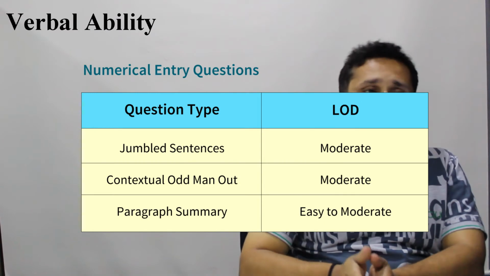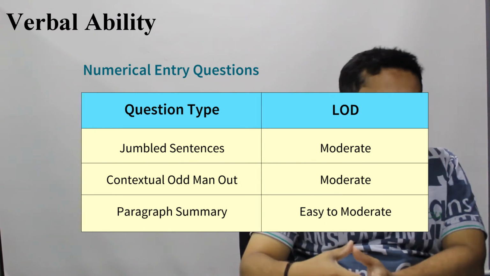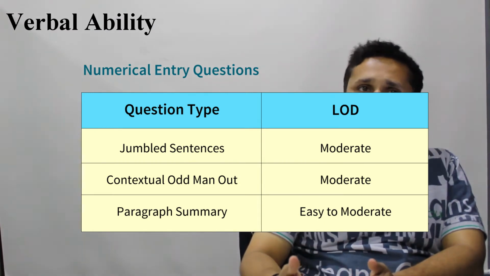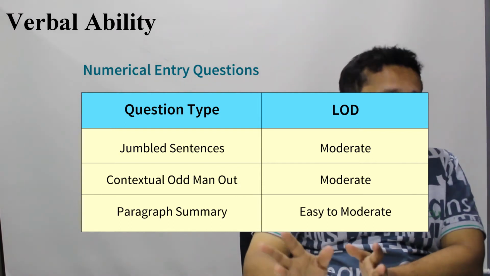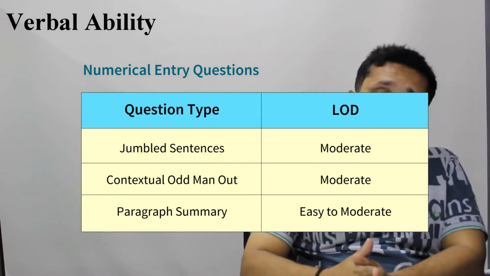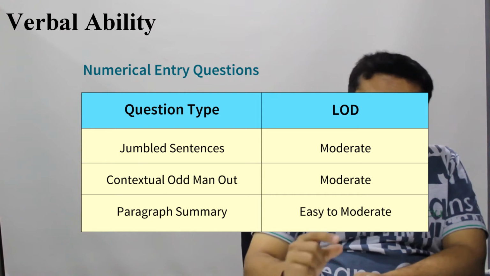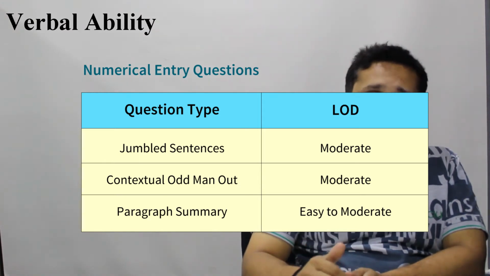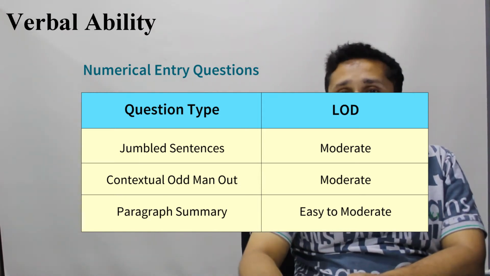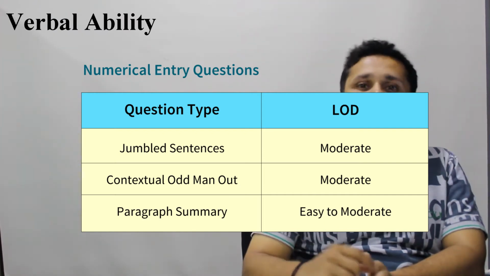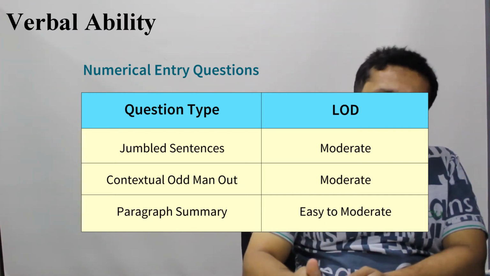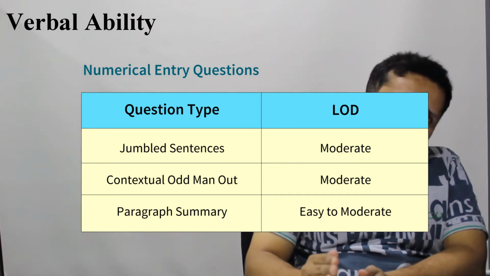What about the non-MCQ questions? We had the jumbled sentences, contextual odd man out, para summary as usual, but what was the difficulty level? Compared to the last mock, surprisingly, here para summary was the easiest of the lot. So this is something you should have tried. The jumbled sentences and out of context sentences were again moderate.